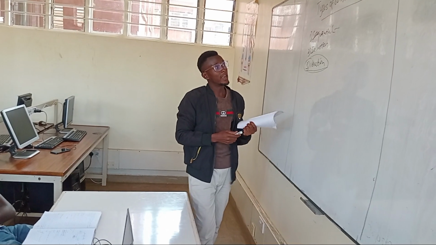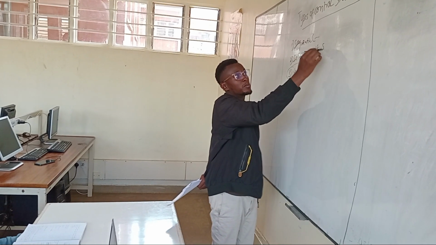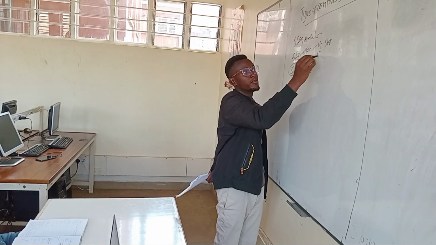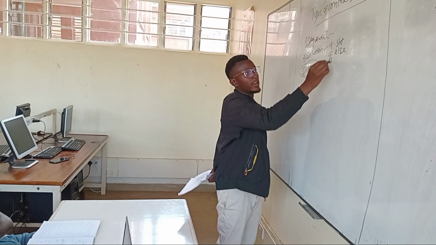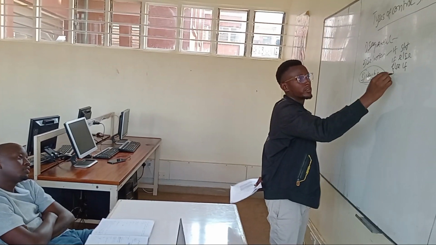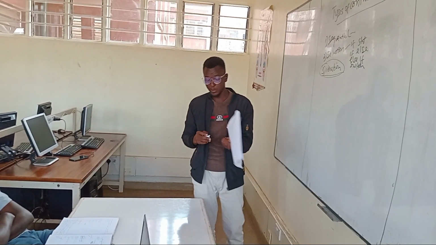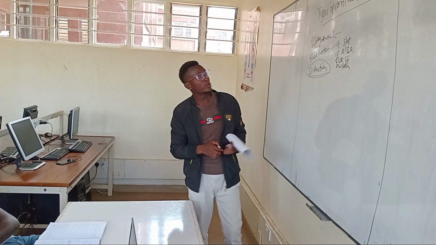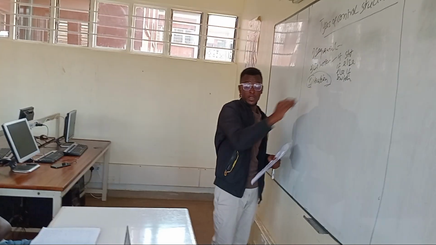We say selection, we have what? We have if statement, if else, and what else? Else if, and switch. So these ones are for the selection statements. But today we are going to look at the types of iteration statements.